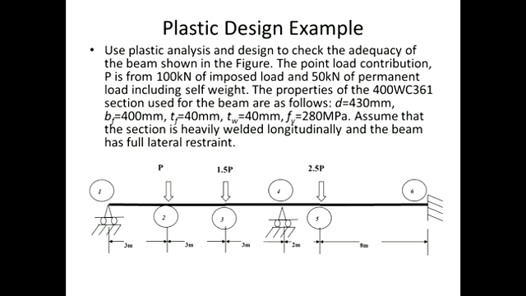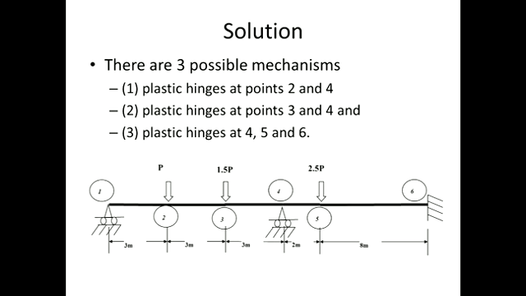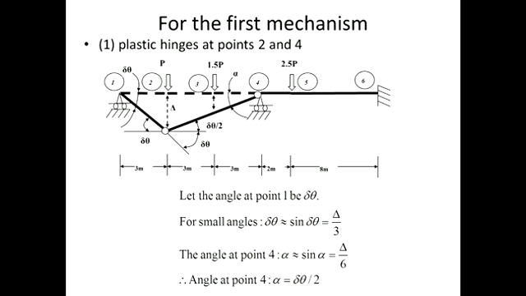I think because of time, we are not going to go through all the steps. So we have these 3 possible mechanisms, and if we look at those different cases, we have to look at virtual work for each of them.